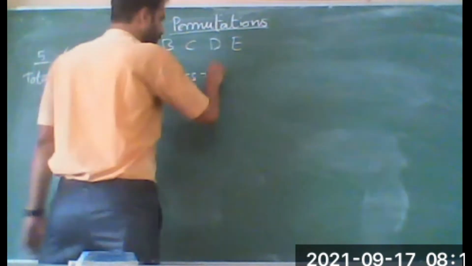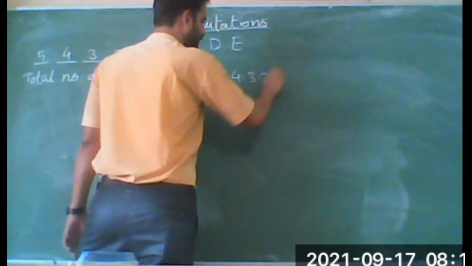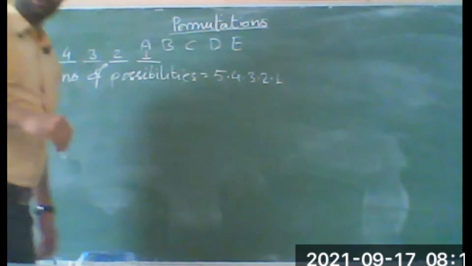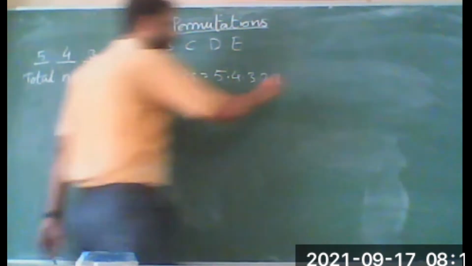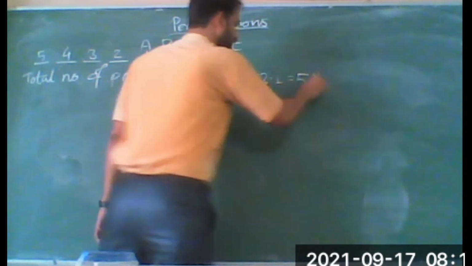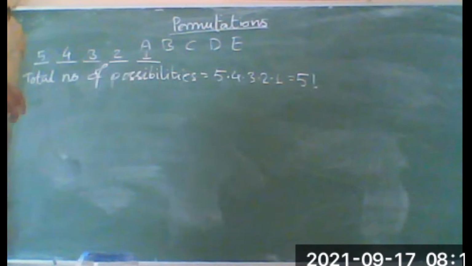That is 5 into 4 into 3 into 2 into 1. And how we have defined this product? It is the factorial of this value. So 5 factorial is the total number of possibilities.